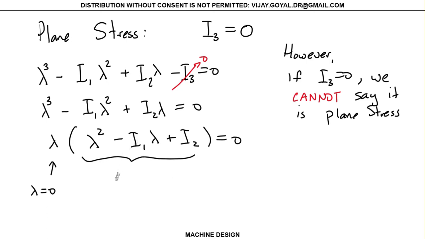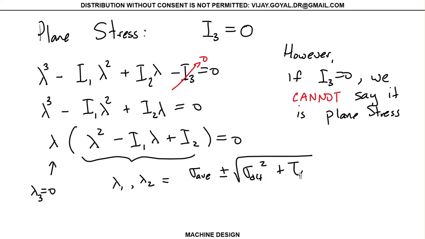And that root is going to be sigma 1, comma, sigma 2. I typically use that sigma 3, and that would be equal to sigma average plus minus the square root of sigma difference squared plus tau xy squared.